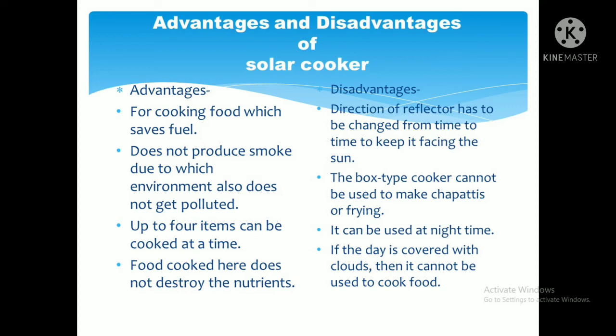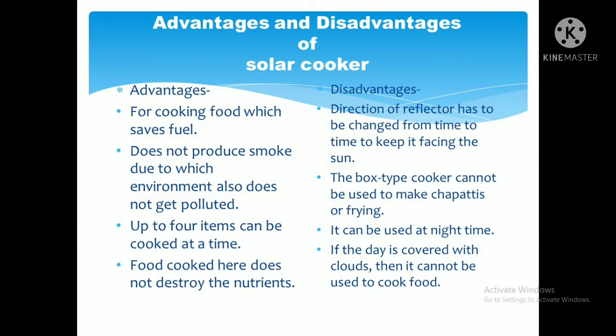Then up to 4 items we can cook together, and the food cooked will not be destroyed, meaning no nutrients will be destroyed here. This is because there is no direct fire, only solar heat. So cooking fuel will be saved, smoke will not be produced, 4 items we can cook together, and obviously the nutrients will not be destroyed.